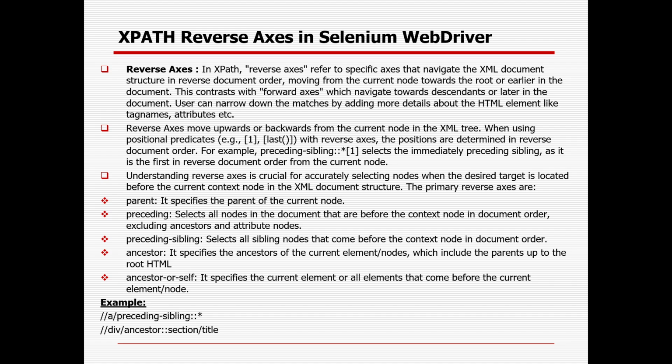So forward axis is nothing but where we can go from one element in the downward direction, and in reverse axis we can go in the upward direction. From the node we can go to the parent, preceding sibling, ancestor or self.